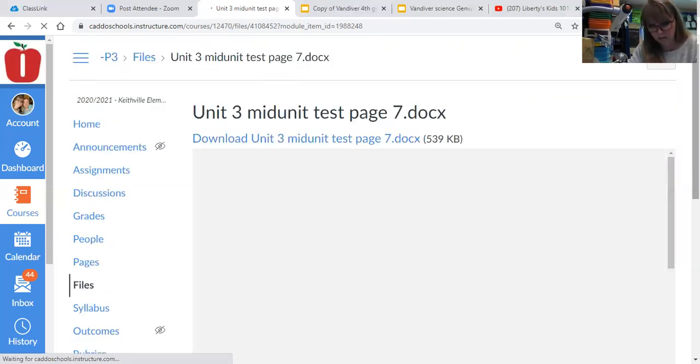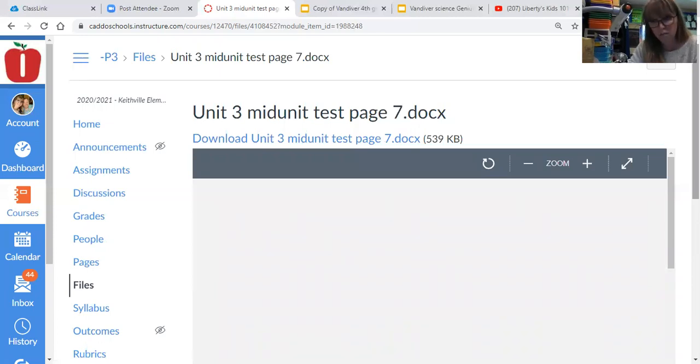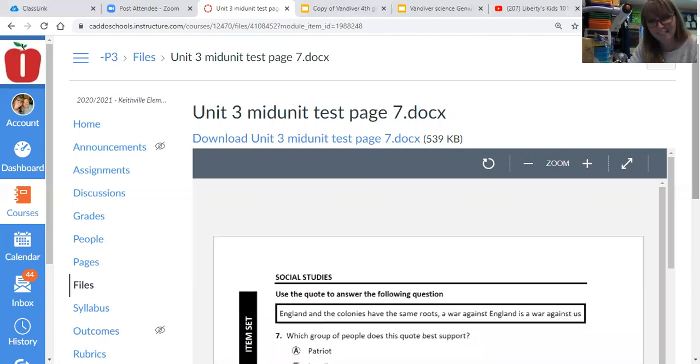This is page 7. I'm sorry, number 7, not page 7. That actually is page 7, isn't it?